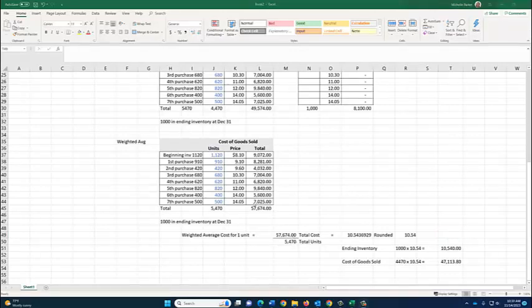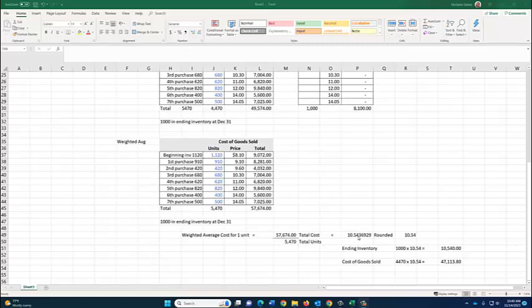I've taken the total cost of the inventory of $57,674 and divided it by the total units in inventory, the 5,470. And I came up with 10.54369929. Now remember, we were told to round to 2 decimal places.